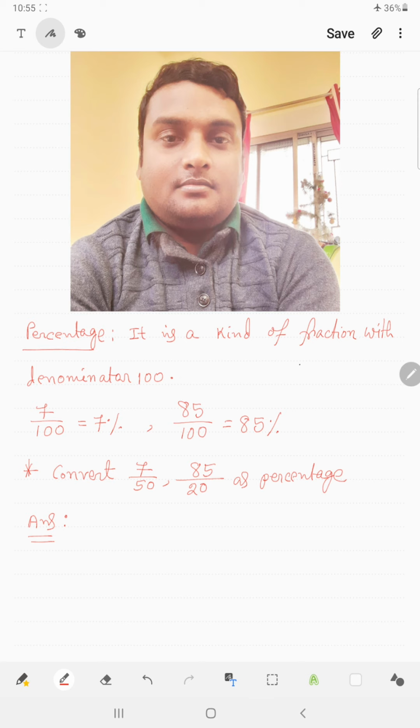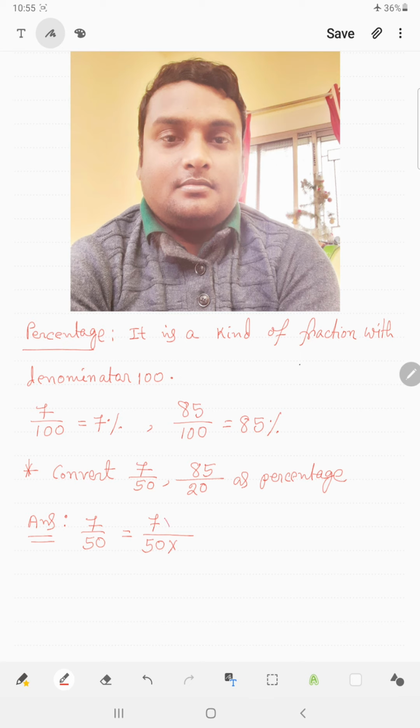Now, I said that it is a kind of fraction with denominator 100. If the denominator is 100, then we can say that it is a percentage. But in case of 7 by 50, 50 is not 100.